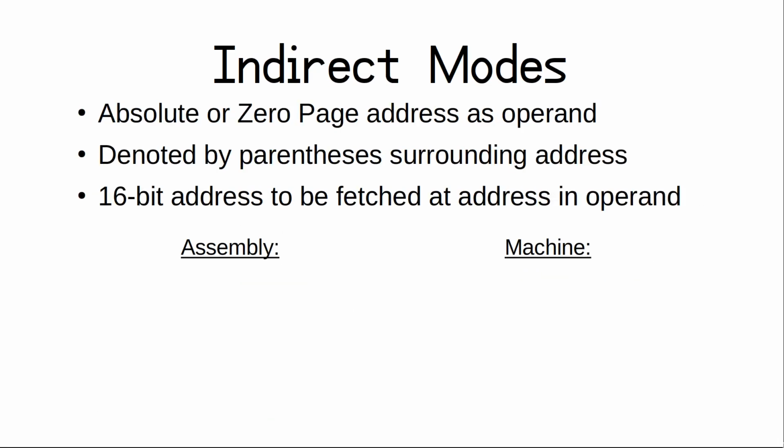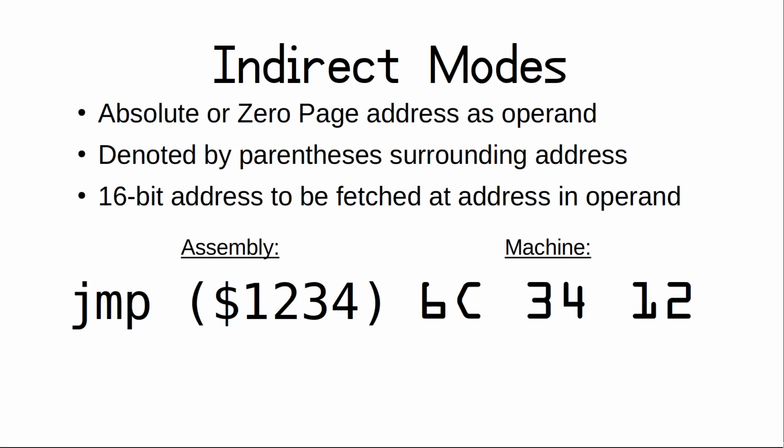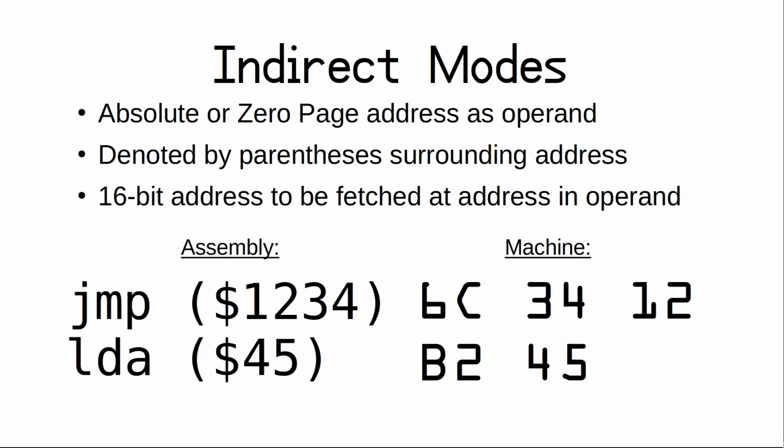If you have programmed at all in C, you are already familiar with the concept of a pointer to a pointer, which is used in the main function to present the command line arguments as an array of strings. In assembly, we can do a similar thing by having an operand that is an address of another address that is stored somewhere in memory. This is indirect addressing, which is 2 distinct modes for the 6502, absolute indirect and zero-page indirect.